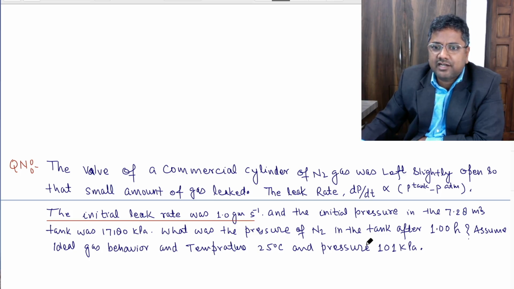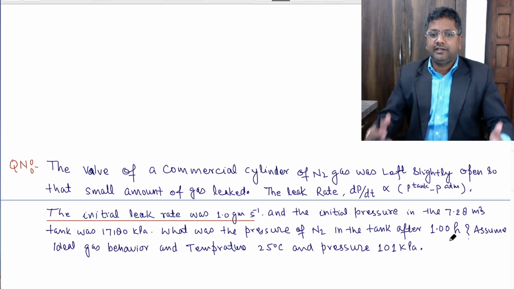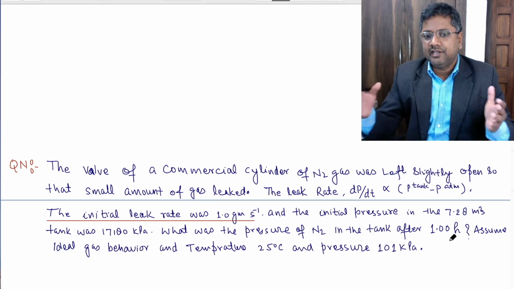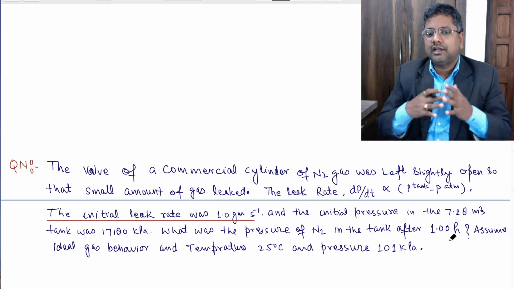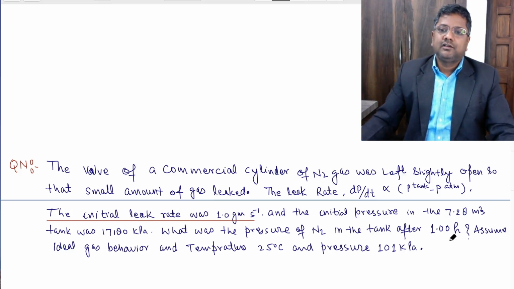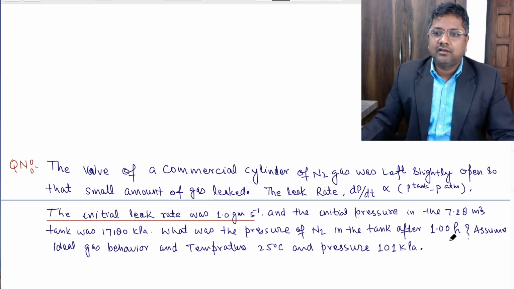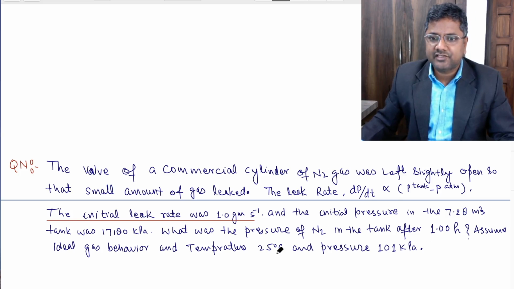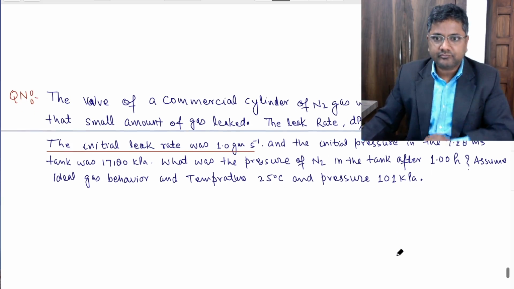What was the pressure of N2 in the tank after 1 hour? So basically, we left that container for 1 hour. Gas is leaking out, and it is asked what the pressure should be after 1 hour. Assume ideal behavior of the gas and temperature 25 degrees Celsius and pressure 101 kilopascal. This is the pressure of the atmosphere there, right?